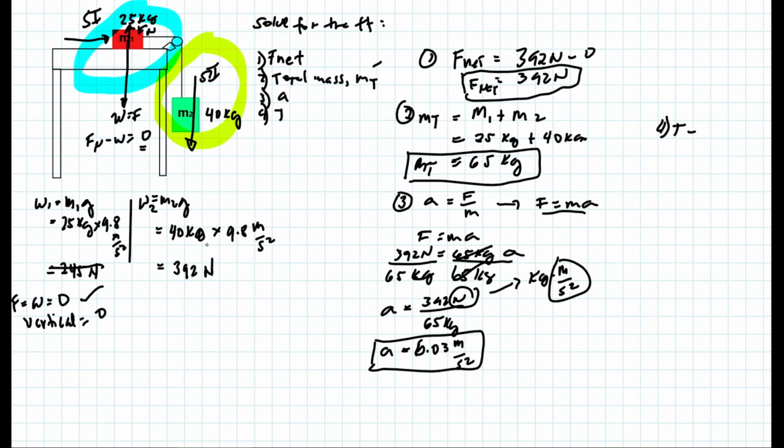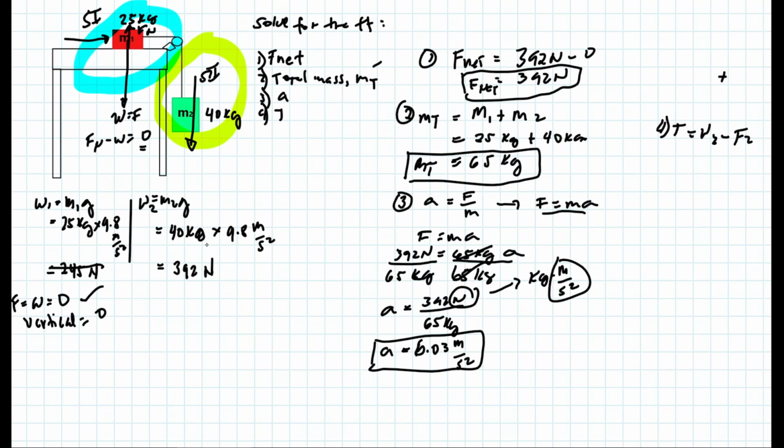Therefore, we will use subtraction. So, tension is equal to weight 2 minus F2. If the object is going up, we will use a positive operation.